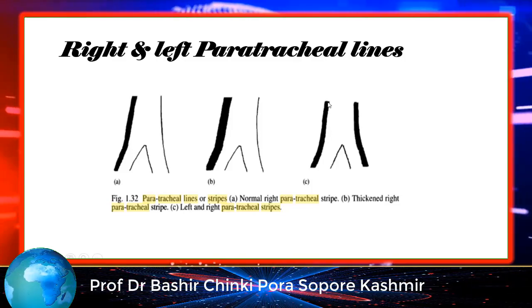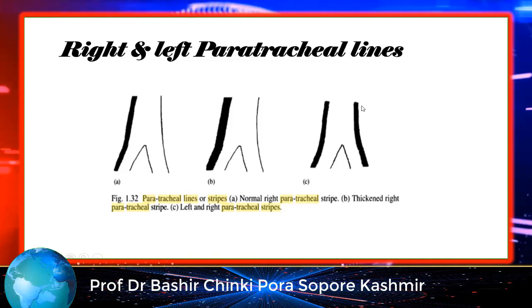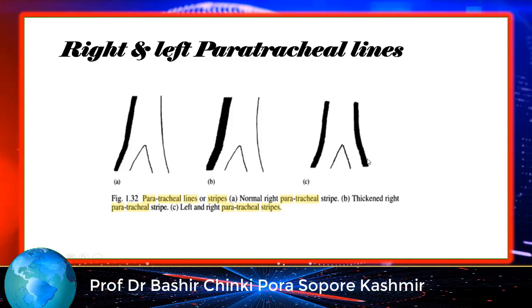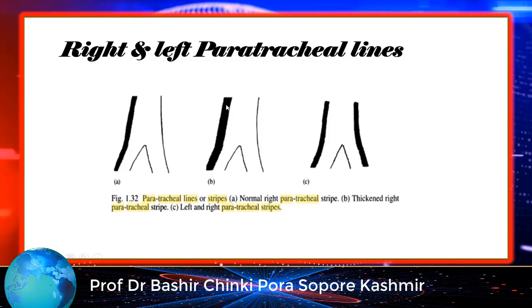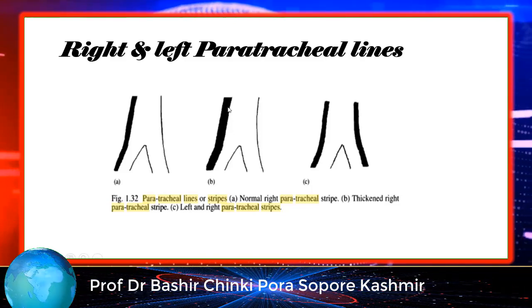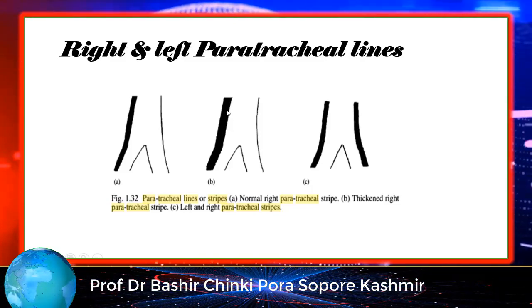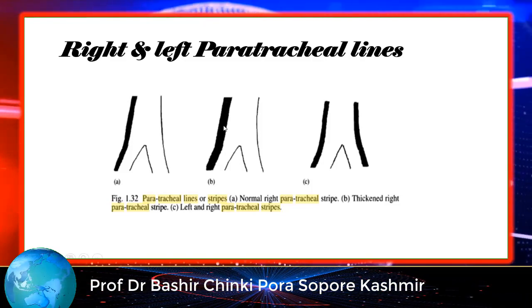On either side of the trachea, there are linear vertical opacities. But here it is thickened. So in this image, you find it thickened. On X-ray, we see it as a linear vertical opacity in the form of a line.